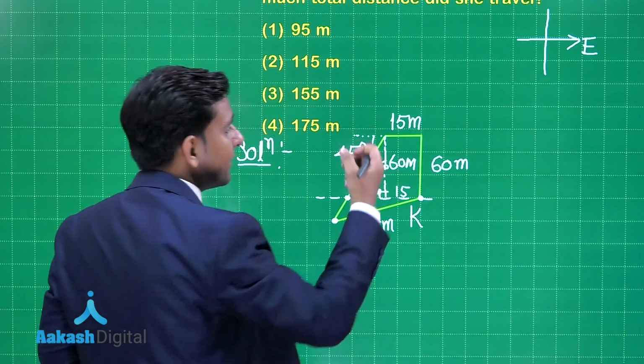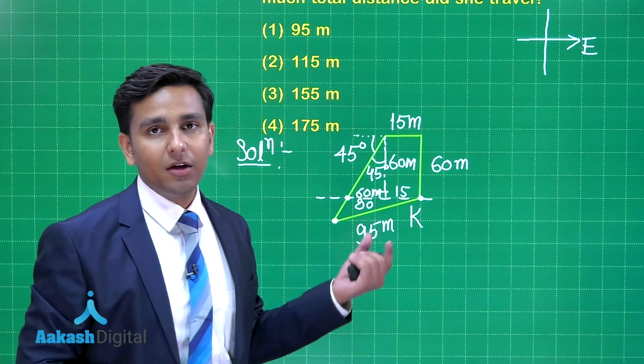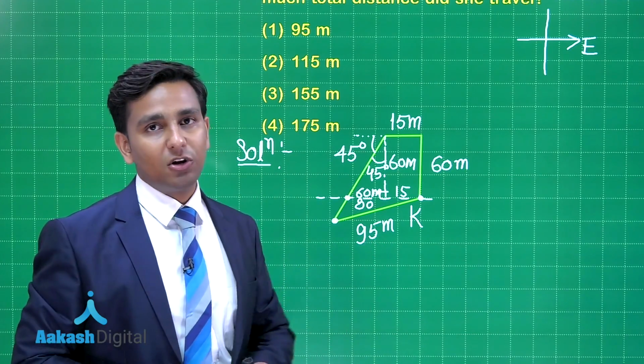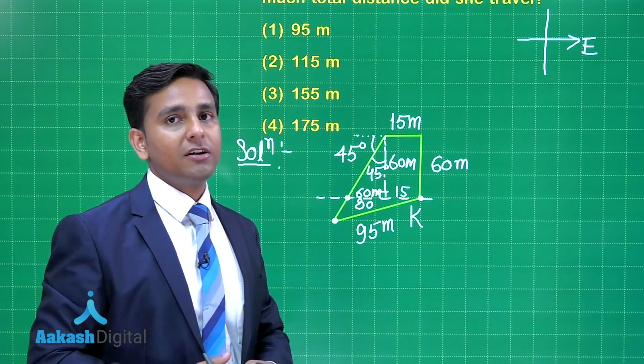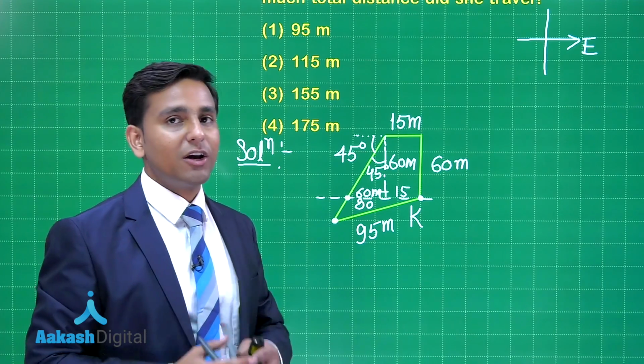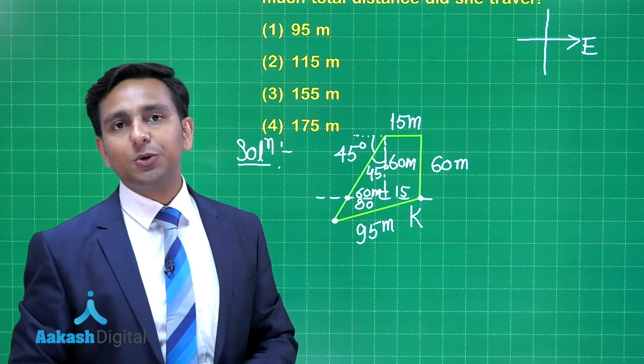So when you add all these distances, you will get 175, but that will not be the correct solution. So according to me, there is no appropriate option for this question. So I hope you understood this question. Now let's proceed to the next one.